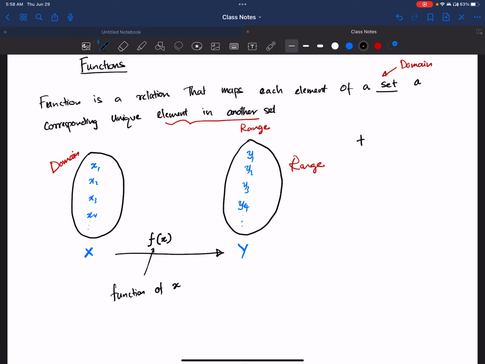Now, I would like to recall that you have learned some other functions. For example, trigonometric functions: instead of f you have sine of x, the name of the function is sine; cosine of x; and you have seen tangent of x. And then you have seen the logarithmic function.